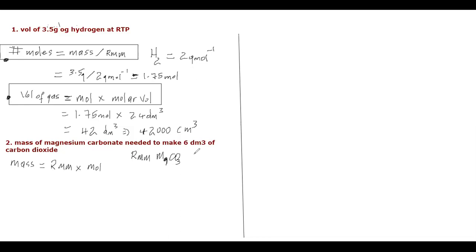So that would be 24 plus 12 plus 48. So what would be the total RMM there? 84. 84, all right. So the RMM we know. So that means that we don't know the mole. So how do you propose we find the mole now?